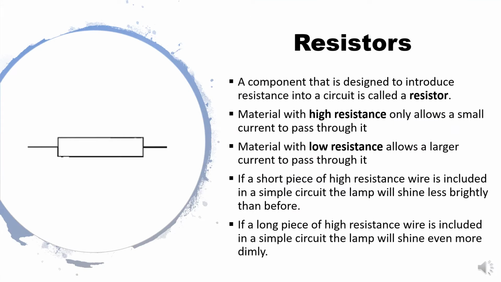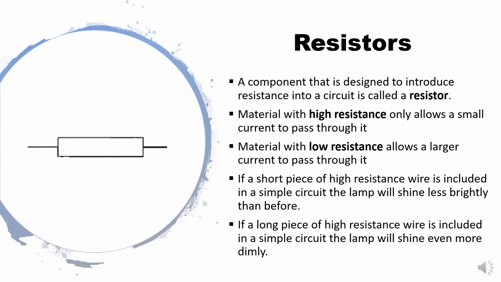A few other circuit components include resistors, variable resistors as well as buzzers. A component that is designed to introduce resistance into a circuit is called a resistor. High resistant materials allow a small current to pass through them, whereas low resistant materials allow larger current to pass through them.